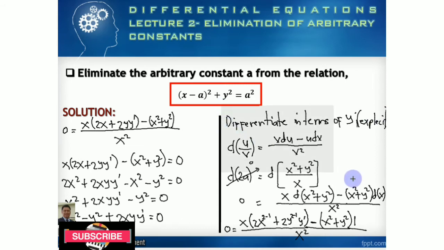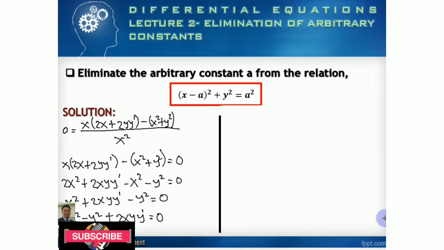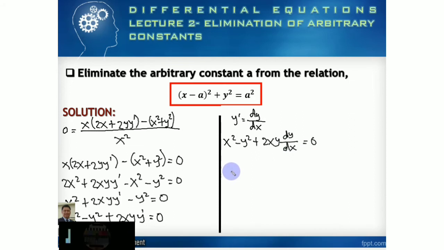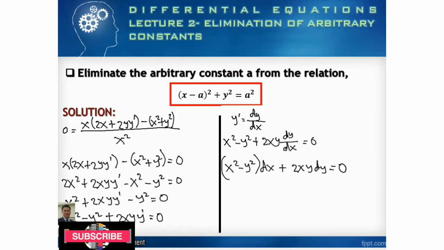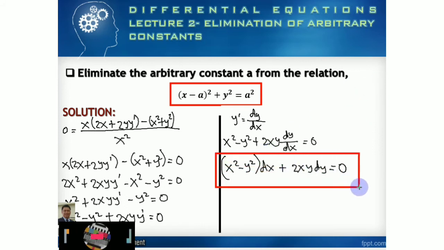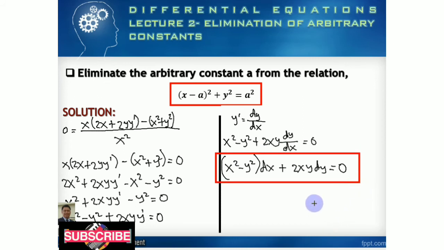So proceeding with this one, since our y prime is just equal now to dy over dx, we have then x squared minus y squared plus 2xy dy over dx is equal now to 0, or simply we can say that this would be equal now to x squared minus y squared, dx, plus 2xy dy is equal now to 0, which is still the same answer with our first method, as shown in our previous discussion.